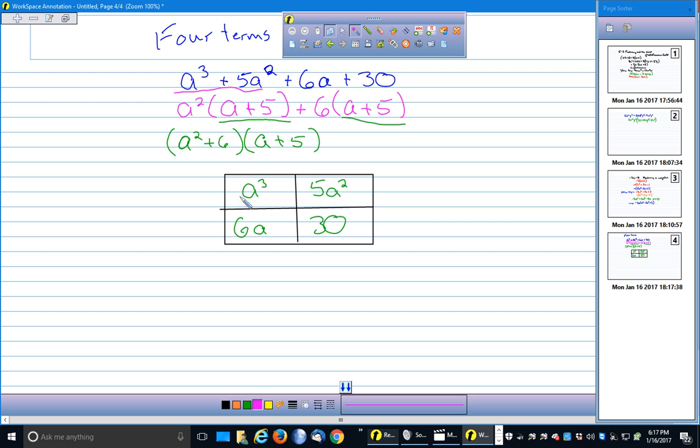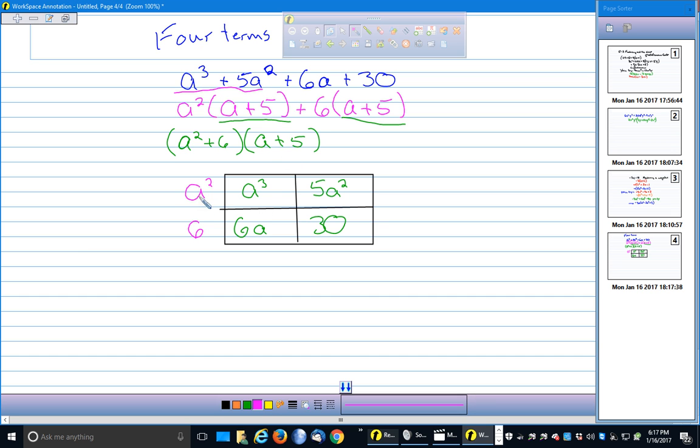Then what I'm going to say is, what can I pull out of this row? Well, if I look at this row, it seems that I can pull out an a squared and put it over here. See that? Because both of these terms contain an a squared. And then you say, what can I pull outside of this row? Looks like I can pull out a 6 out of both of these terms. And then I kind of go backwards. You can either say, what can I pull out of this row and go up?